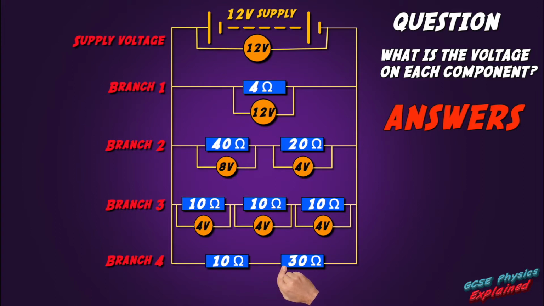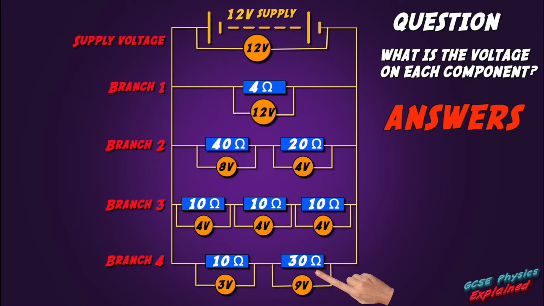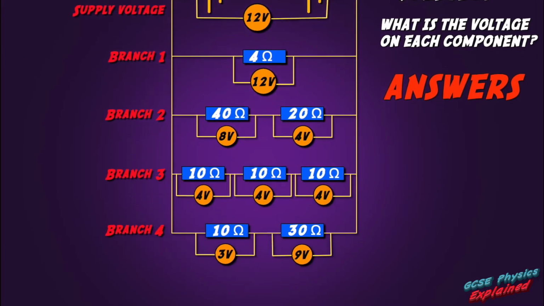So the 30 ohm resistor gets 3 times more voltage. So the 30 ohm resistor gets 9 volts and the 10 ohm resistor gets 3 volts. 9 volts plus 3 volts equals 12 volts, which is once again the supply voltage. So that's correct. You've now covered how voltage behaves in parallel circuit branches.